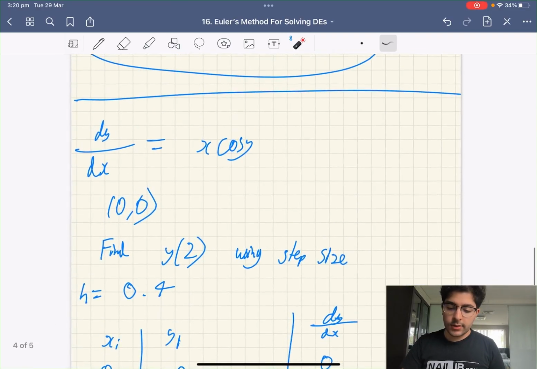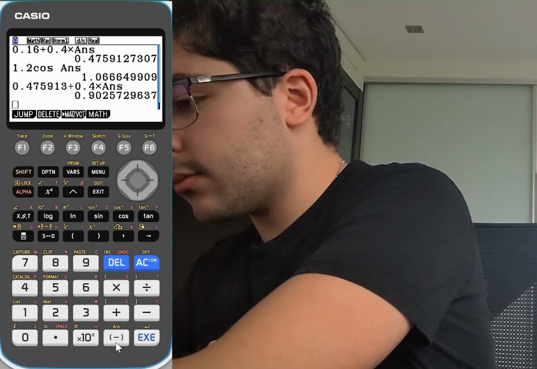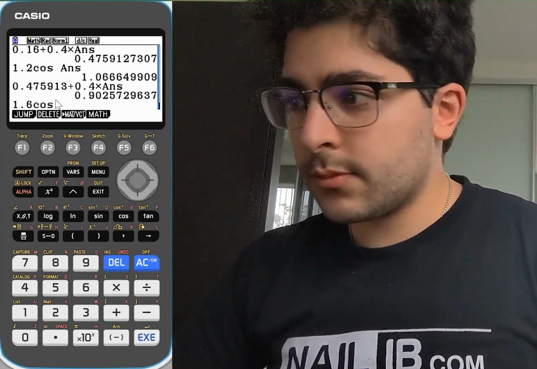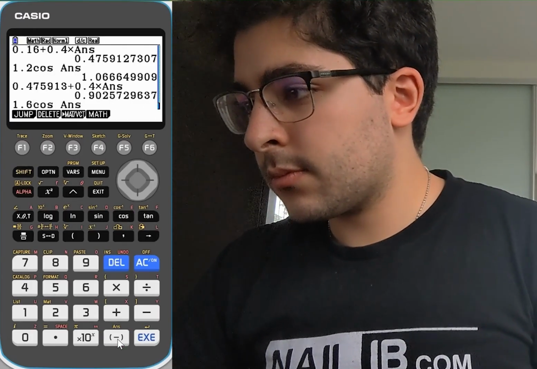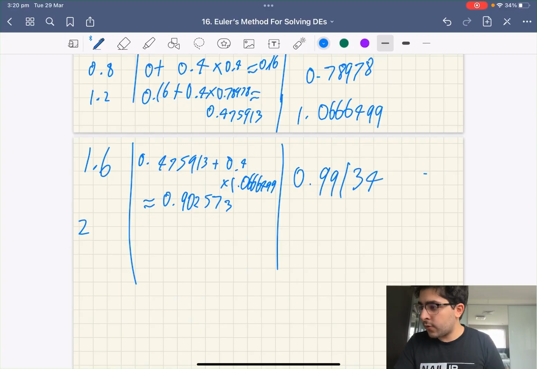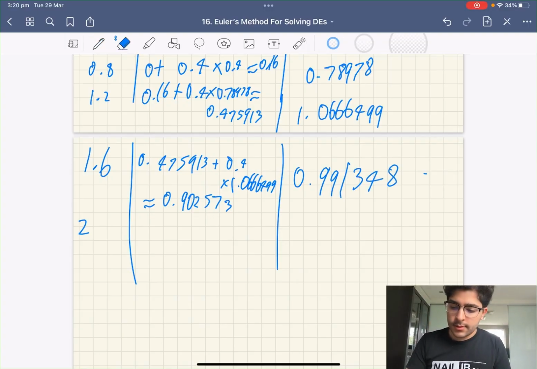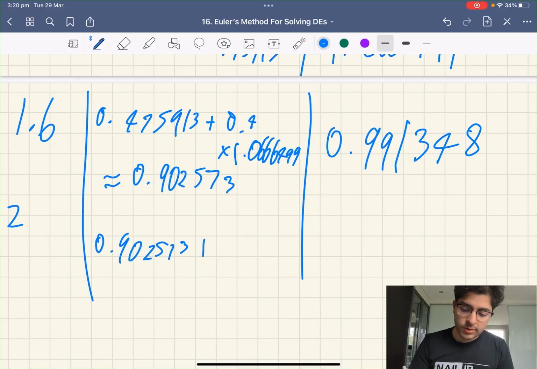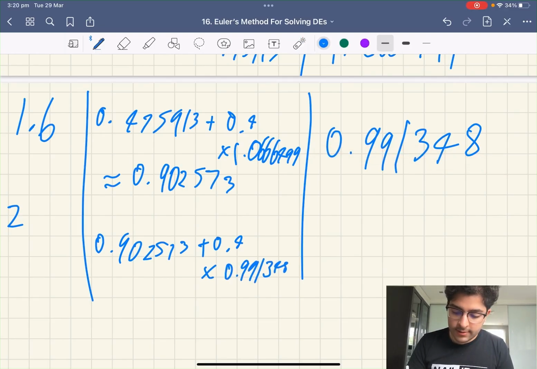Okay, now we can put that all in for our dy on dx. So dy on dx is x, which is 1.6, times cos of the y, which is that answer there. And we're going to get 0.991348, roughly. Now, finally, to get our final coordinate, it's the previous y coordinate, 0.902573, plus the step size, 0.4, times the previous dy on dx, which is 0.991348.